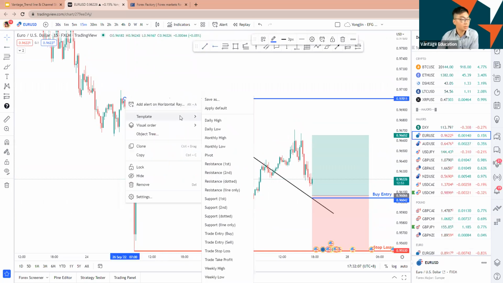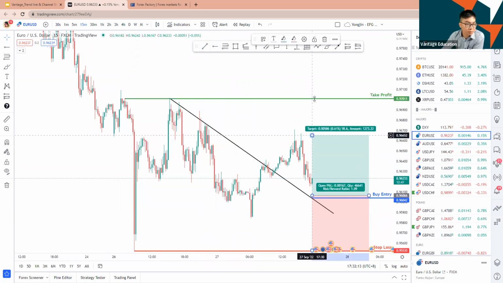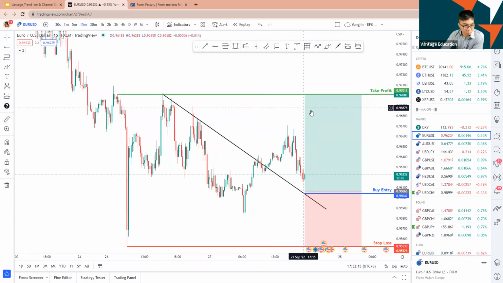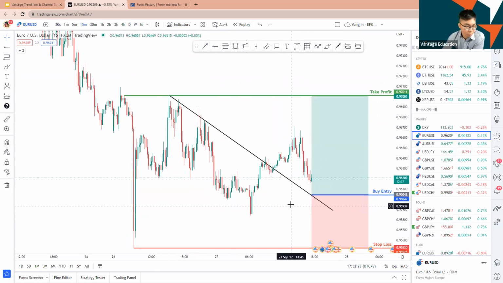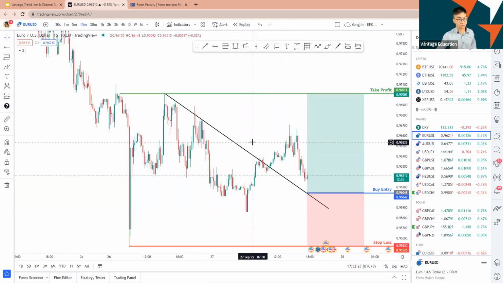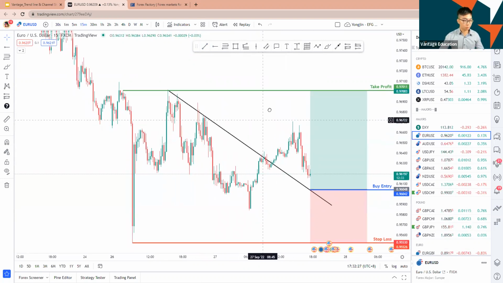It's just an analysis. This is not a signal. It's just a trade analysis. So if this goes right, it might be a 1 to 1.84 risk to reward. Okay, this is for euro dollar.